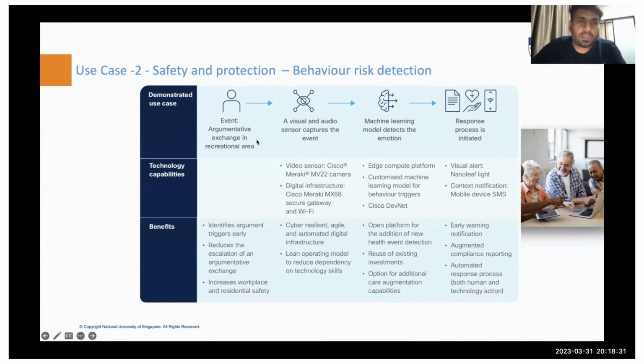We use augmentative exchange. We try to map with the arguments, then using visualization and audio capture sensors, we apply machine learning models, see how the response is going to be, and alert the people accordingly. So this is one of the areas which we are working on currently.